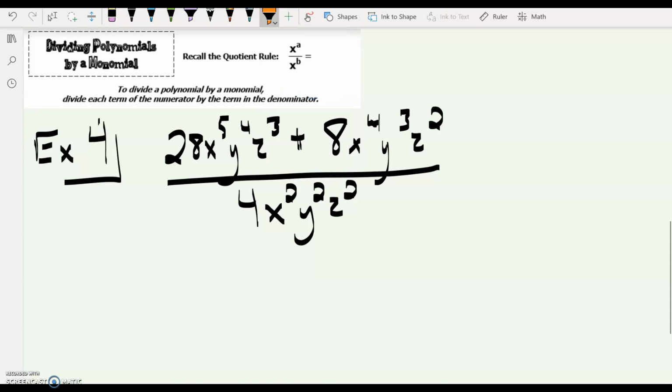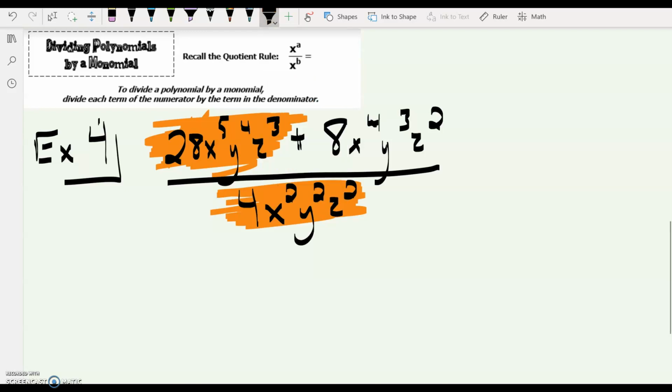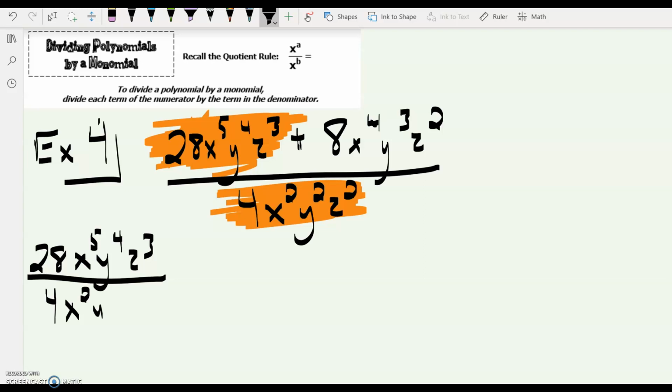And again, I'll write this out as 2 separate problems. Here we have this piece here, 28x to the 5th, y to the 4th, z to the 3rd, all that divided by this piece right here. So I'll just rewrite that. What we're going to get there is 28x to the 5th, y to the 4th, z to the 3rd, all over 4x squared, y squared, and z squared.